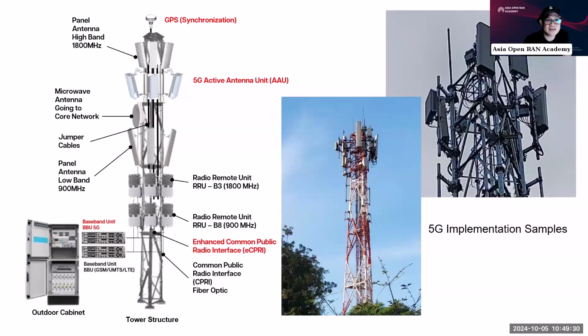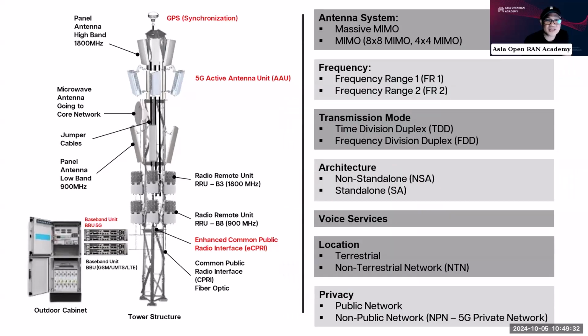And we checked the different configurations, systems, and factors, like the antenna system, how to select the frequency, the transmission mode, the architecture, the voice services, the location, and the privacy.